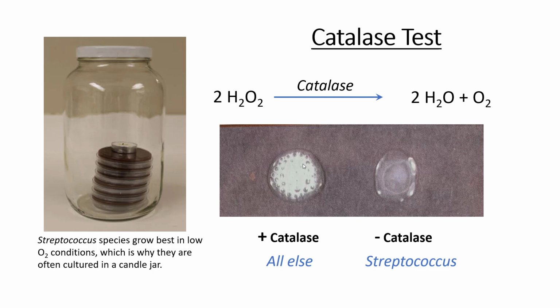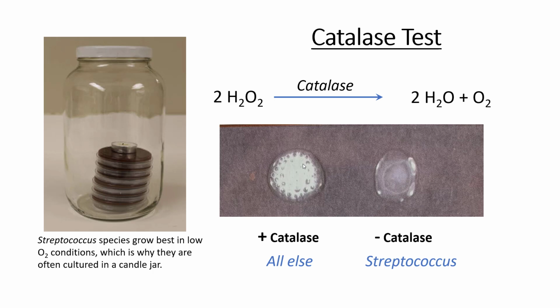And the candle flame burns the oxygen until it basically consumes most of the oxygen and the candle goes out. And what that does is decrease the concentrations of oxygen in the jar. It turns out that most Streptococcus species grow best when the oxygen concentrations are lower.